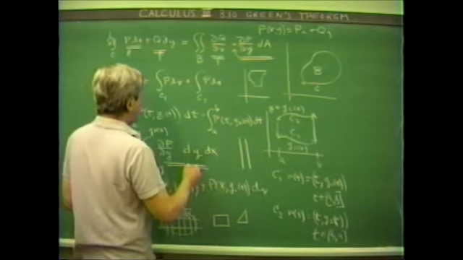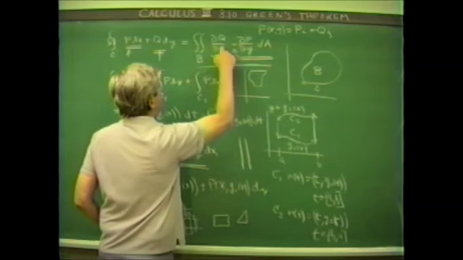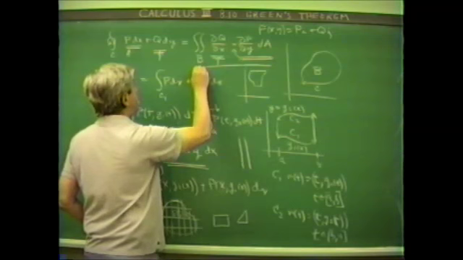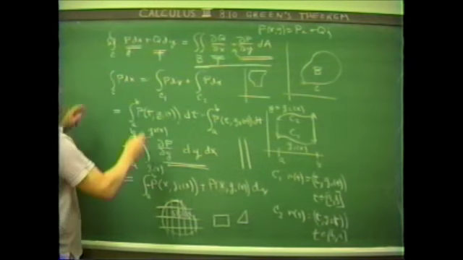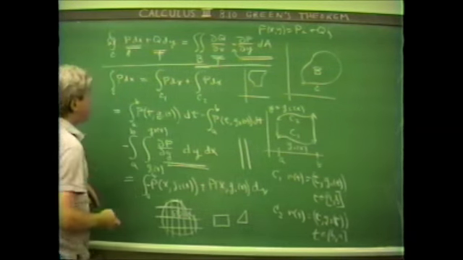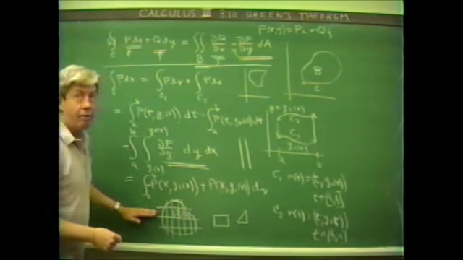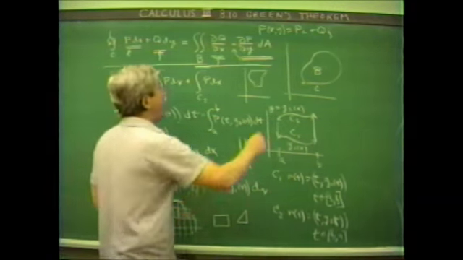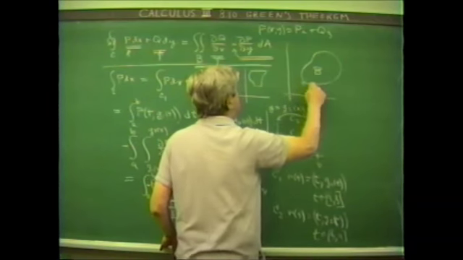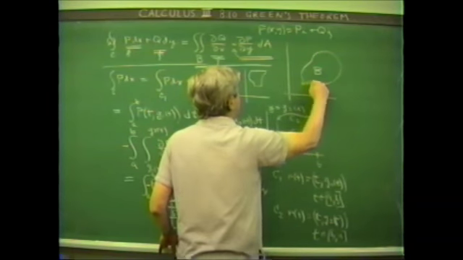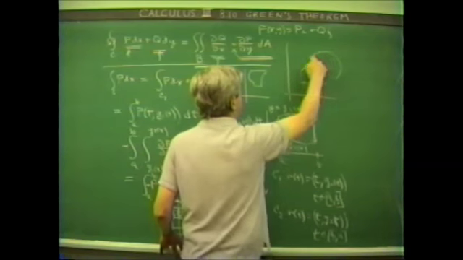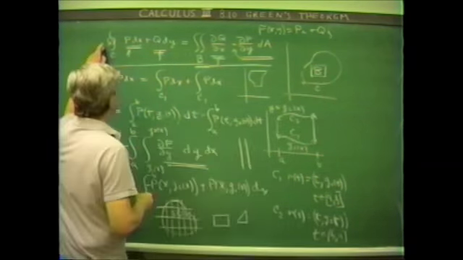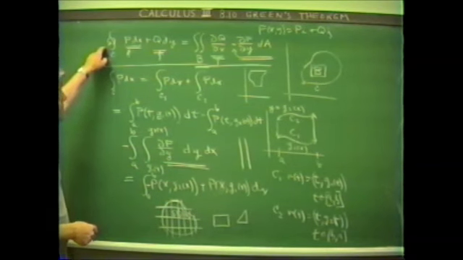But all these little integrals are the integral over B of this quantity with respect to area, and so they're going to add up to this integral right here. This shows, at least in outline form, that Green's theorem is going to hold whenever you have a simple closed curve. Simple means it doesn't cross itself, and closed, going in the counterclockwise direction, enclosing a region B. This theorem right here is going to hold.